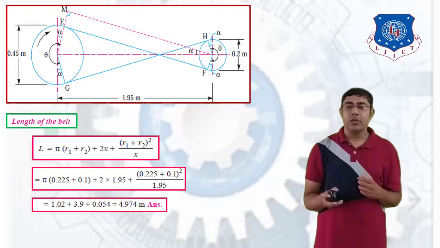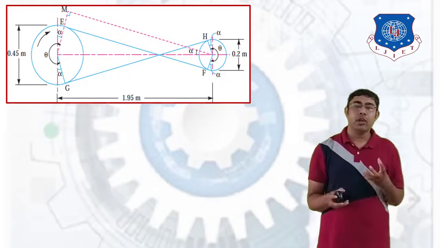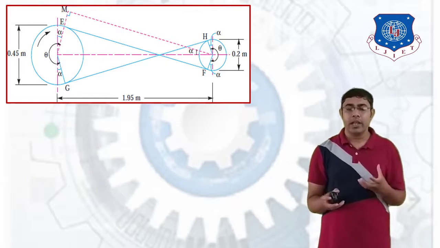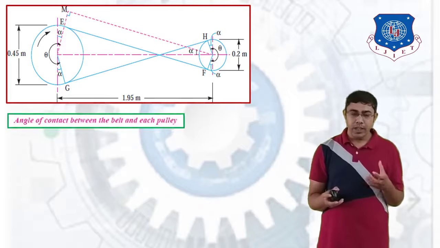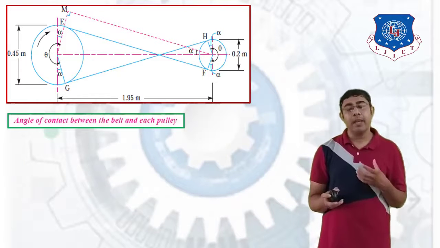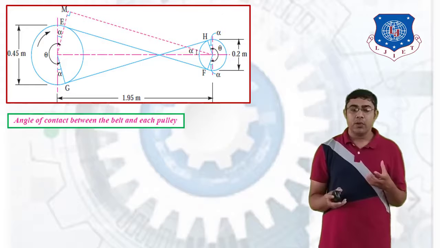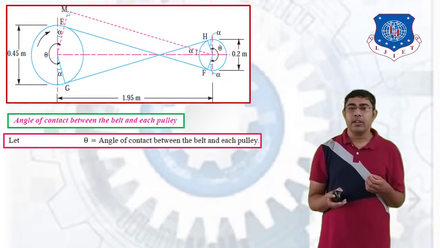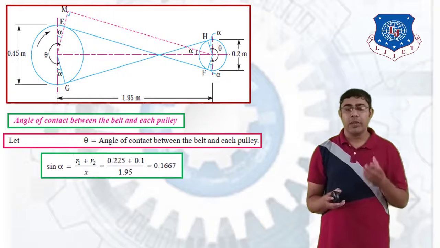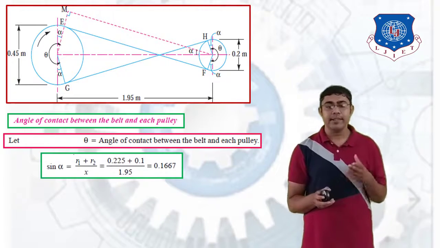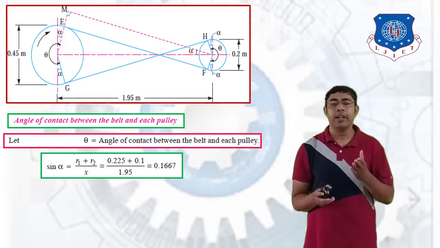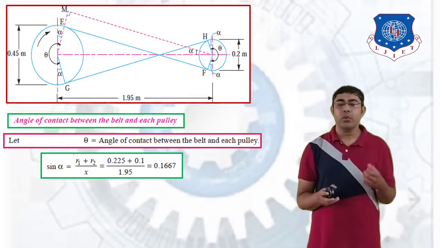Now second, we have to calculate the contact angle between belt and pulley. For that we have to calculate the theta value, and according to this configuration theta is equal to 180 plus 2 alpha.